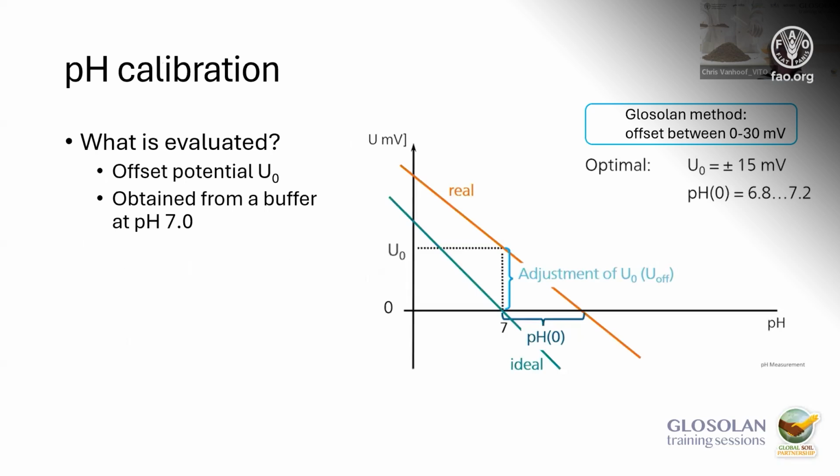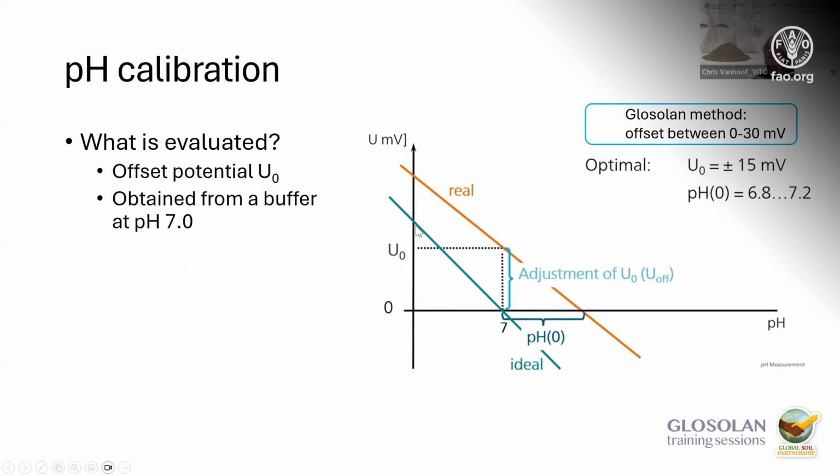If you set up a pH calibration, then you have, as I told before, the Nernst equation, and you set up your potential against your pH, and you set up a calibration curve.